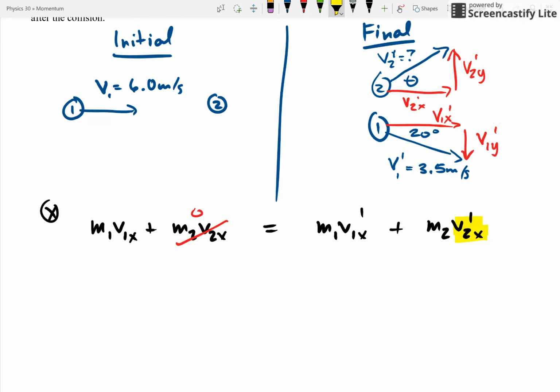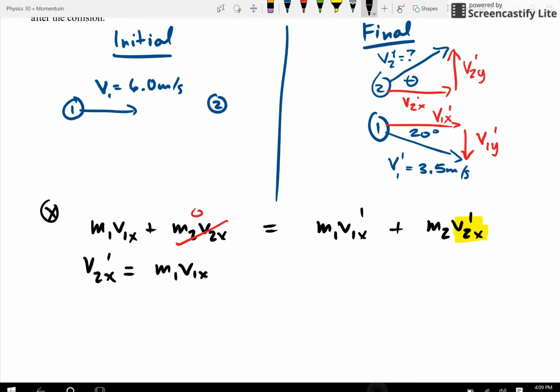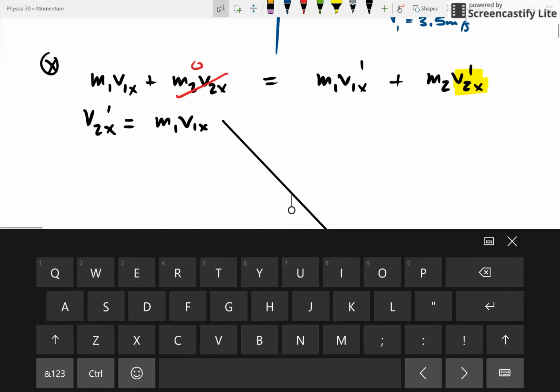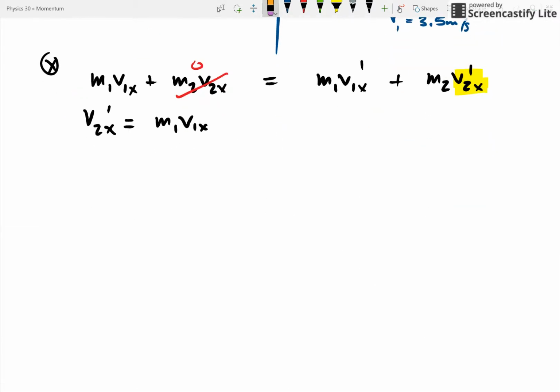Let's rearrange our equation for this x component: mass 1 velocity 1 x, minus mass 1 v1x prime, and then divide all that by mass 2.